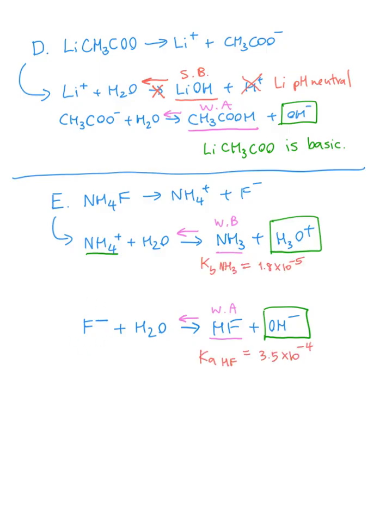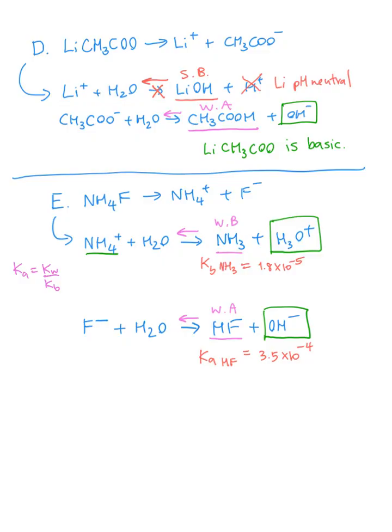The problem gives us the Ka value of the weak acid HF and the Kb value of the weak base ammonia. Because ammonia and ammonium ions are a conjugate acid-base pair, if we know the value of Kb for one, we should be able to find Ka of the other as well.